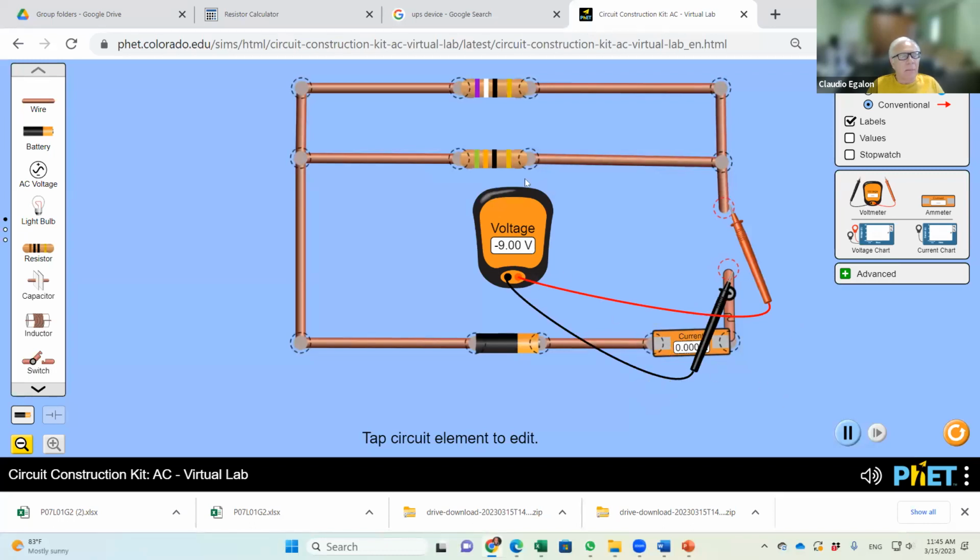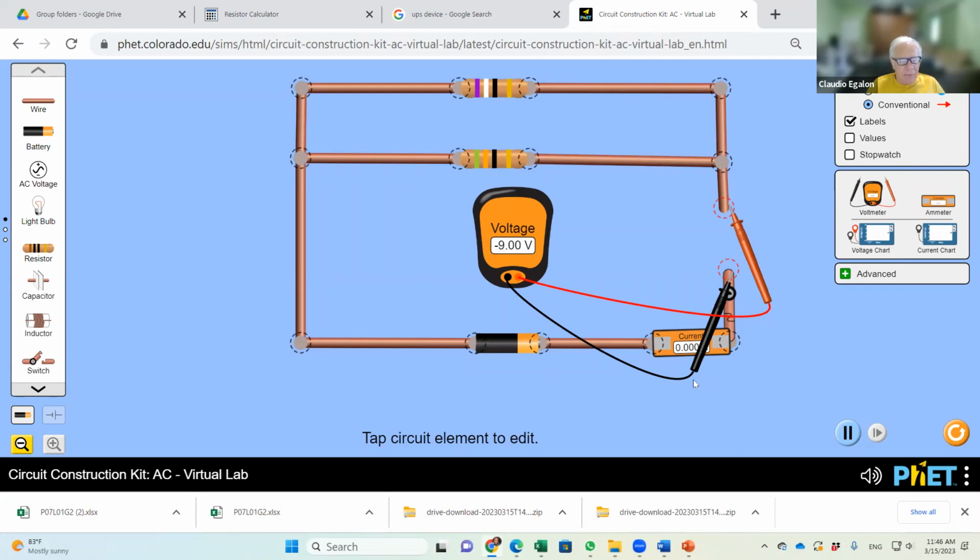The reason is that this voltmeter has a very large resistance. If you want to build a voltmeter, you must give it a very large resistance. Furthermore, do you see a measurement of -9 volts here? Why is that?